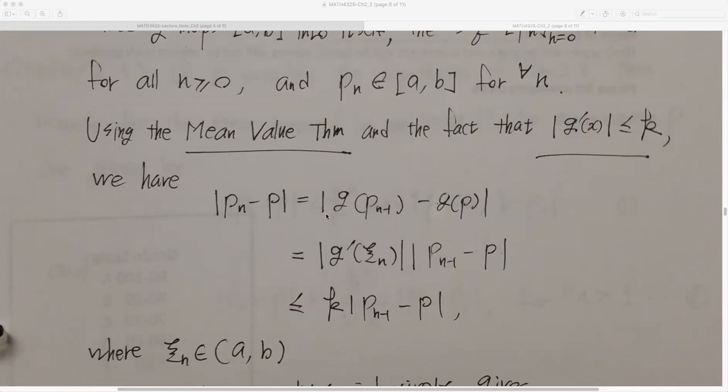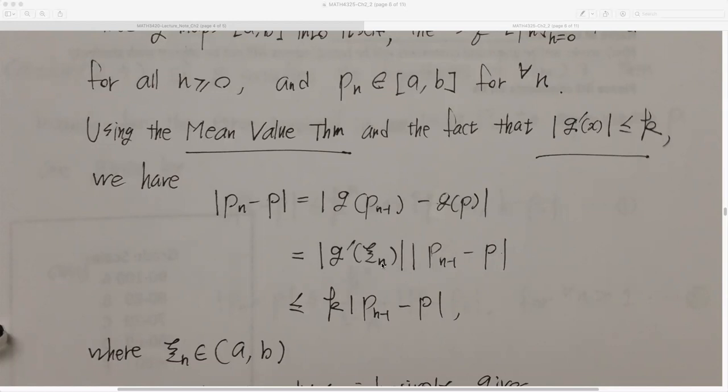So using the mean value theorem, pn minus p is equal to g of pn minus 1 minus g of p, because p is the fixed point. So g of p must be equal to p, and p can be expressed as g of p. Now we use the mean value theorem, and that must be equal to the absolute value of g prime of xi n times pn minus 1 minus p. By the mean value theorem, there exists xi n such that what?